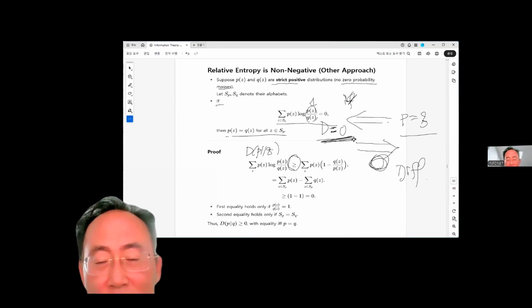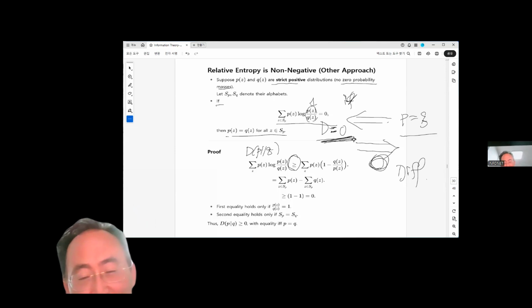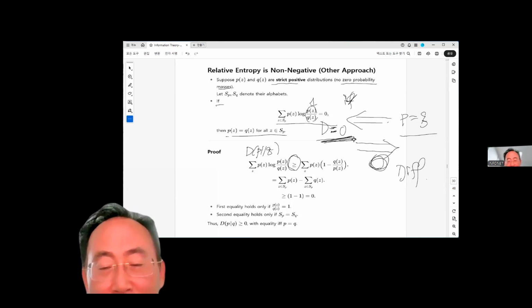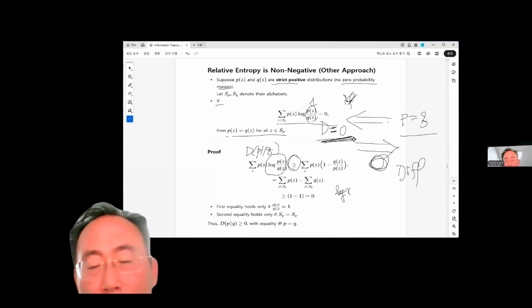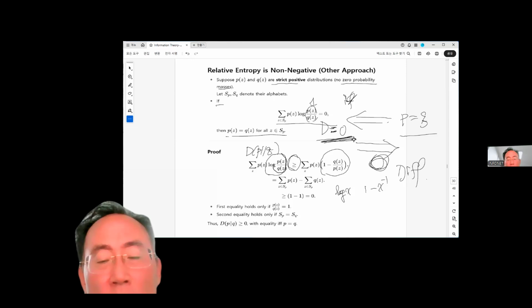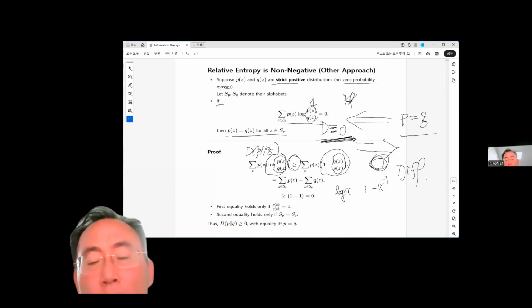That's the question, okay? You have to ask a question, right? So that is nothing but, let's take a look at this, log of x, okay? That is this, right? And then that is different from this part. So what is that? 1 minus x inverse, isn't it? Because this is inverted, top and bottom switched.